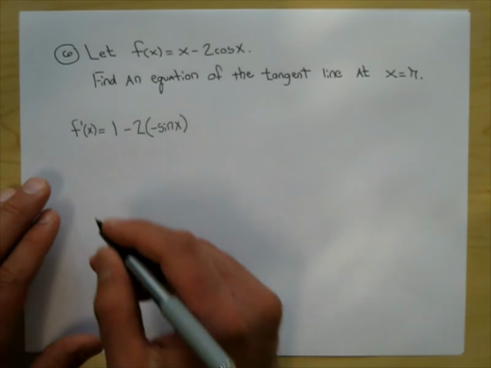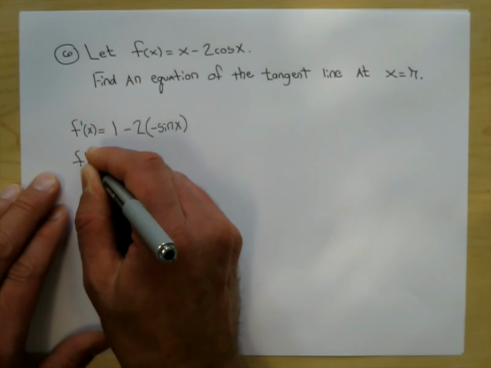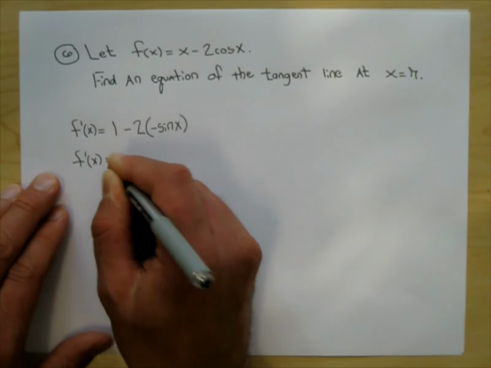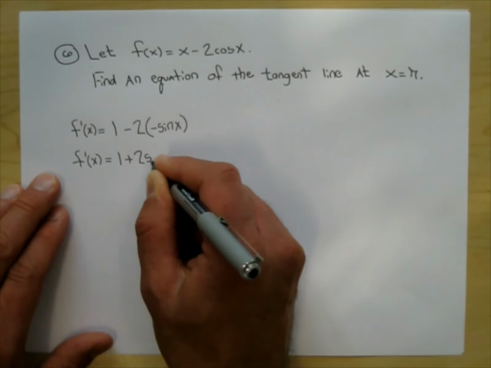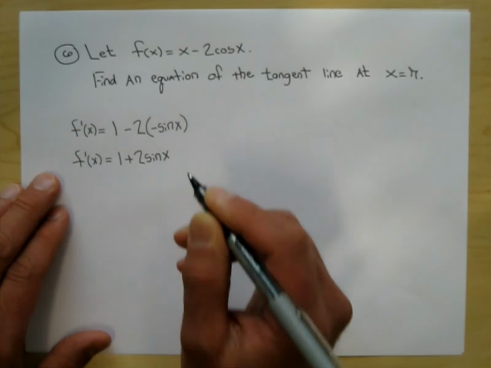So it looks like the derivative equals 1 plus 2 sine x.